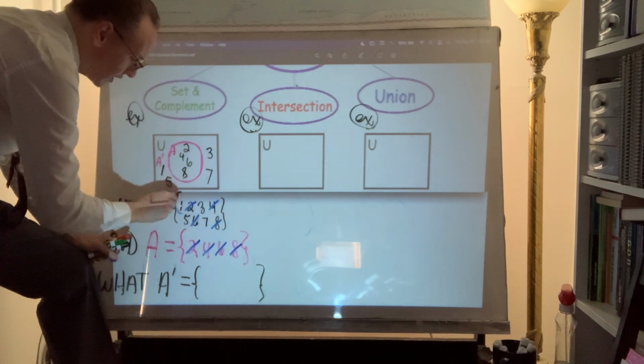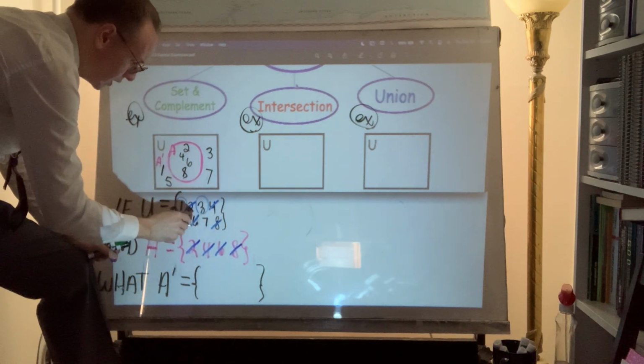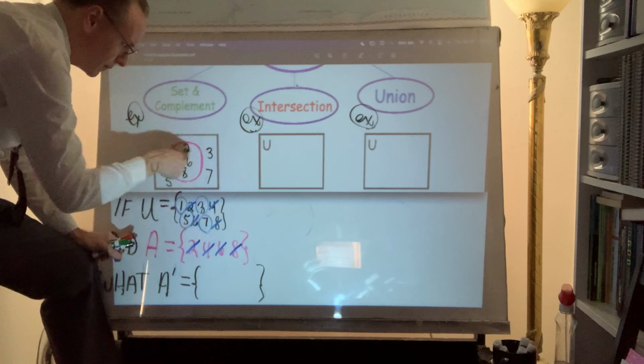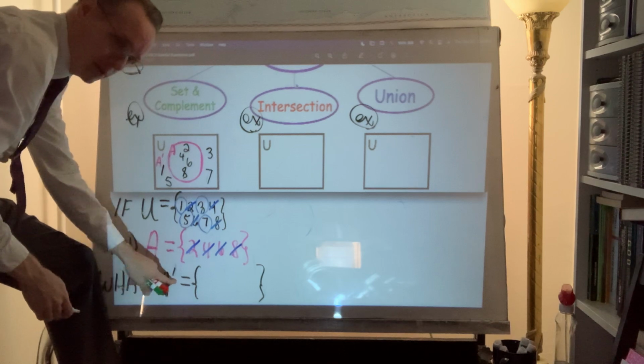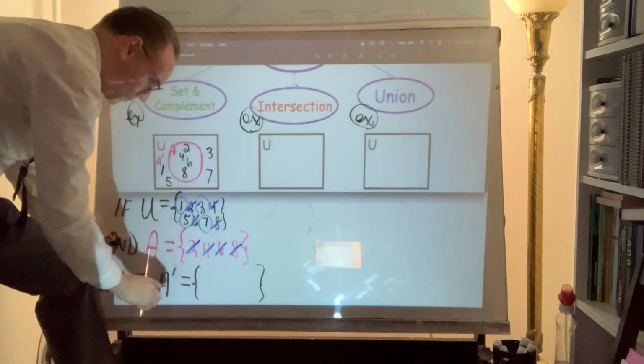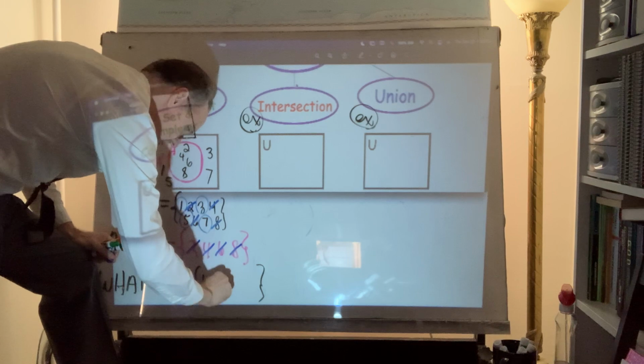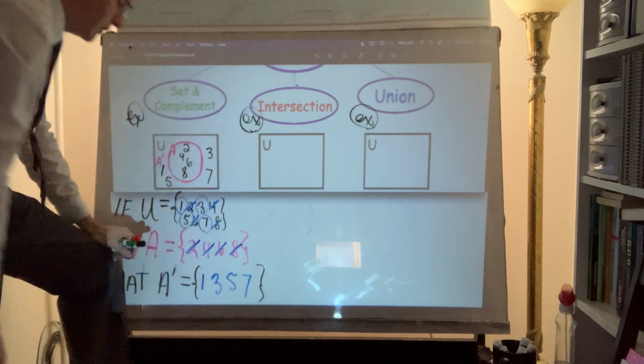And then the things that are left over, even without the picture to indicate, are what are not A, the complement of A, A prime. So you would say 1, 3, 5, 7.